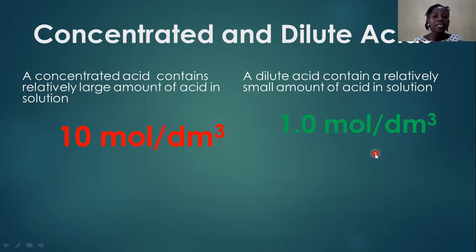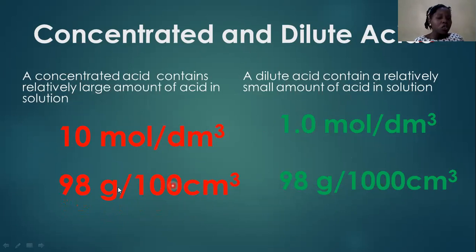Now let's look at another example in terms of mass. Look at these two examples that I have here. 98 gram per 100 cm cube, and then 98 gram per 1000 cm cube. The same mass but different volume. So there is a relatively large amount of the acid in a little amount of the solution, while you have the same amount of the acid in a large volume of water.